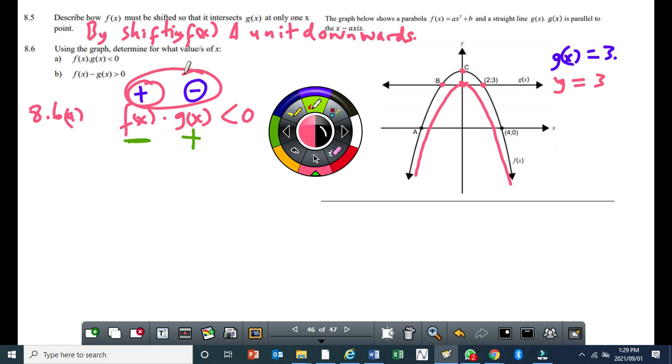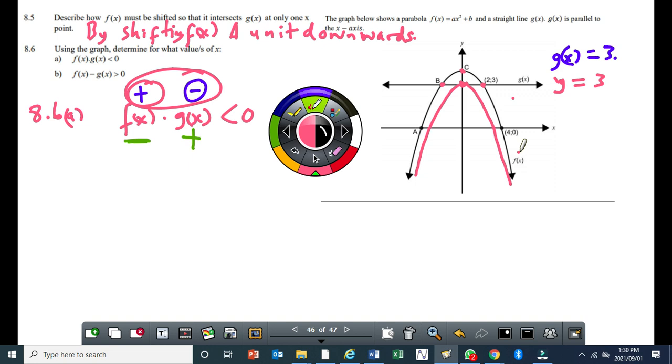Alright? So what that means is, we can't look at the first quadrant and the fourth quadrant, because in that case, the y values, please take note here, the y values for f of x are negative in the fourth quadrant, but the y values of f of x are positive in the first quadrant. So we can't have a case where we deal with the first and the fourth quadrant because g of x is positive in the first quadrant.